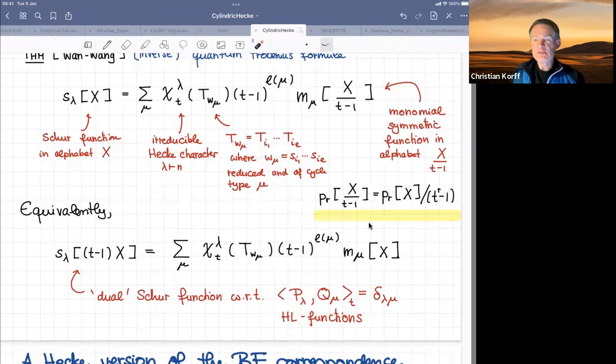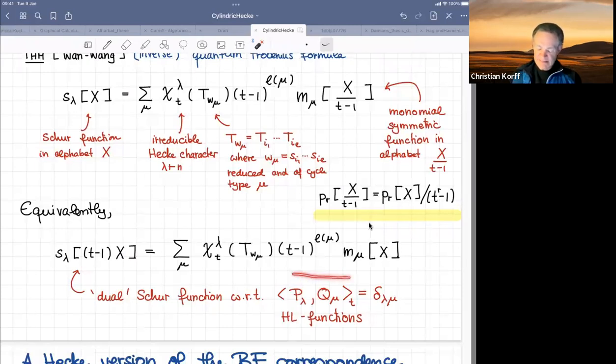So I don't know how familiar people are with this, but Hall-Littlewood functions are special cases of Macdonald functions. And you introduce a certain inner product in the ring of symmetric functions with respect to which these two versions of Hall-Littlewood functions, called P lambda and Q lambda by Macdonald, are orthogonal.